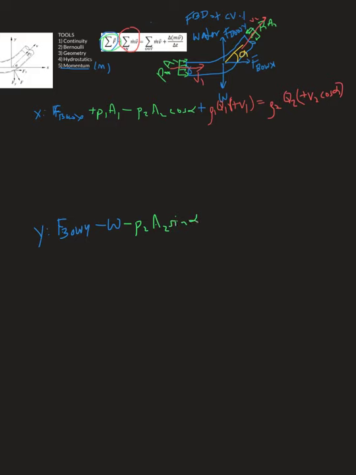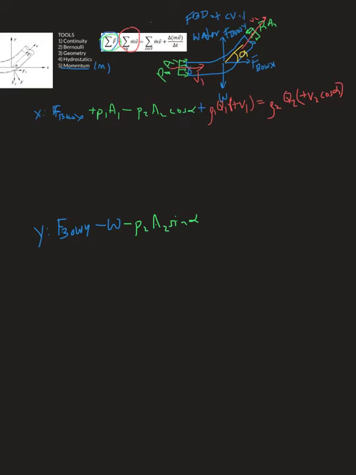Okay, so there's 3 forces in the x direction, 3 in the y, I think, unless I've missed one. P1A1 acts only in the x direction. P2A2 acts in both. W only acts in the y direction. And then we've got the force in y and in x.